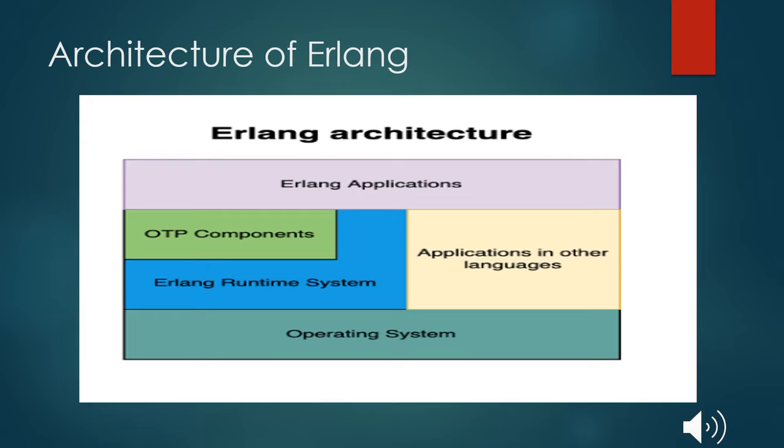Alongside that, we have applications in other languages. This layer tells us that Erlang is flexible to work with other languages. In real time, we have seen many applications where Erlang communicates with Java code. And on top of this, we have Erlang applications as well.